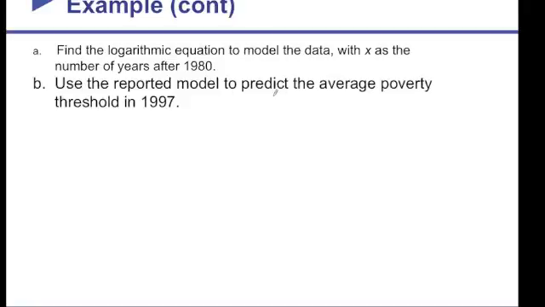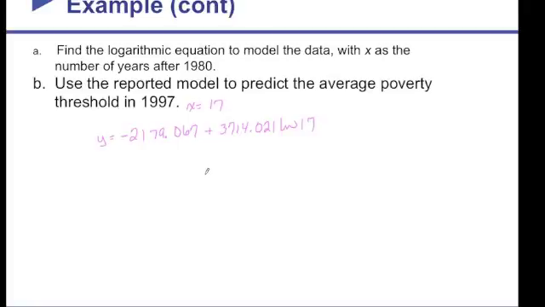Use the reported model to predict the average poverty threshold in 1997. So x will equal 17 then. And filling that in, y will equal negative 2,179.067 plus 3,714.021 times the ln of 17.